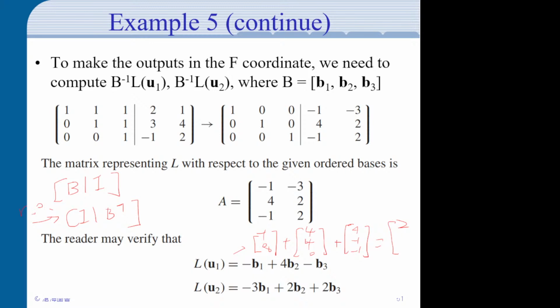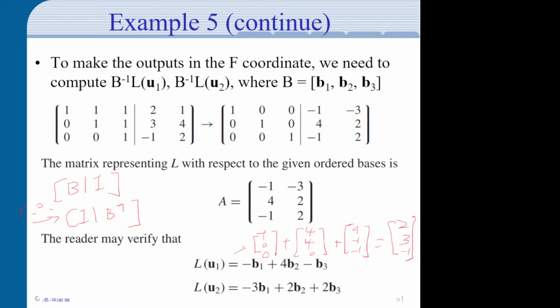It's not too interesting, but okay. And then the middle one: 0 plus 4 minus 1, so 3, and 0, 0, minus 1, so it's minus 1. So 2, 3, minus 1, as we said here.